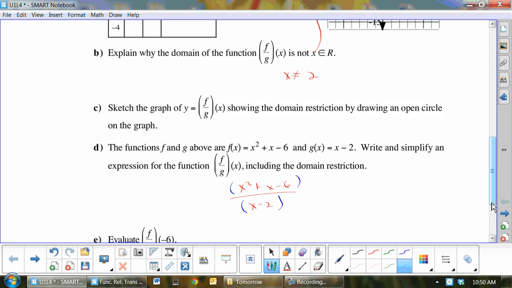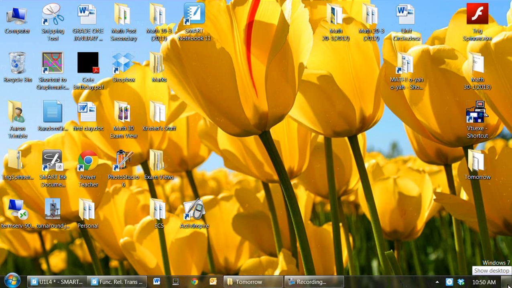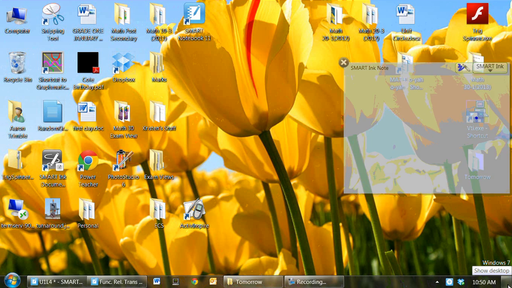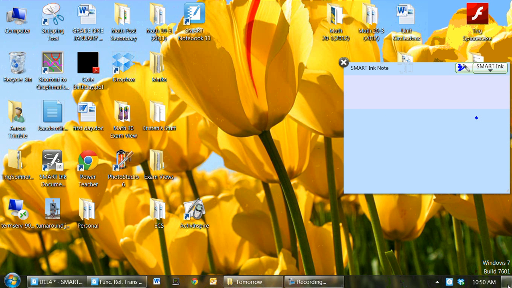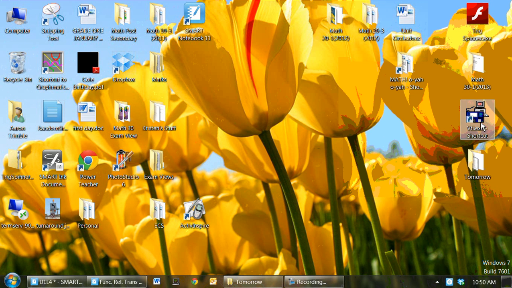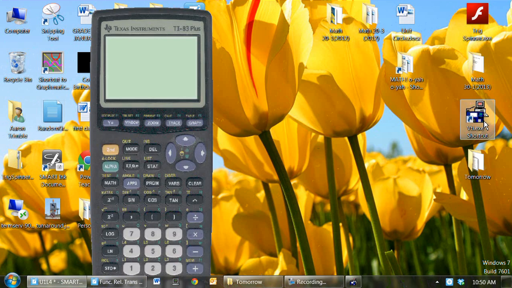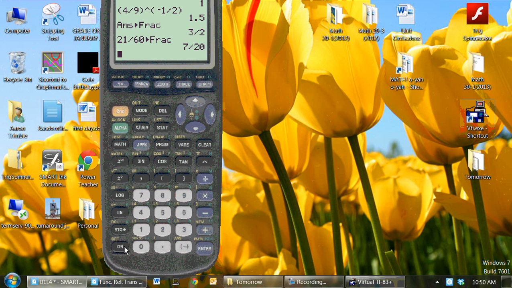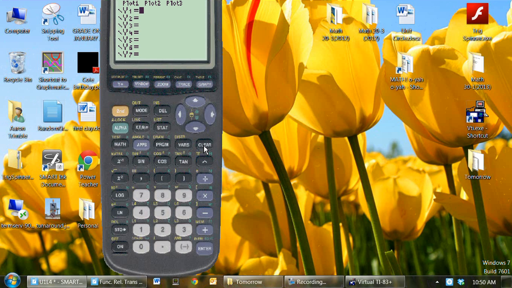Make sure you put the top in brackets and the bottom in brackets, because we need to learn how to use our calculator, and not just how to use it, but what it does.